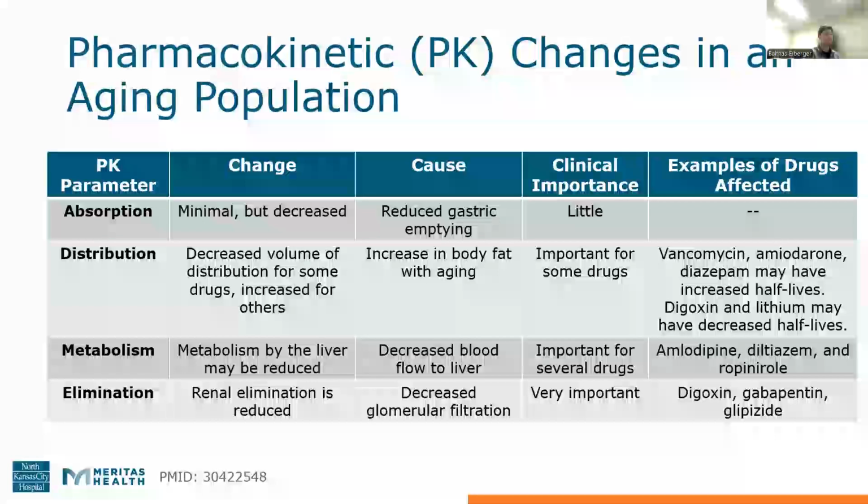You have a little bit of decreased blood flow to the liver, and the liver just tends to not work as well as we get older, which allows the drugs to hang out a little bit longer. So it's important for several drugs. I included those there: amlodipine, diltiazem, and ropinirole.